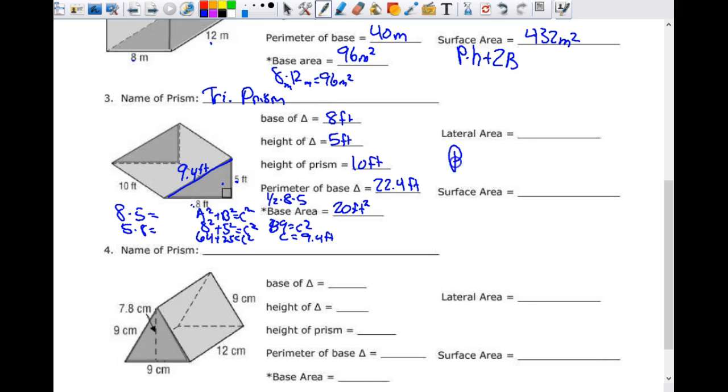Lateral surface area is perimeter times height, or 22.4 feet times height, which is, it's height of the prism, not height of the triangle. So 22.4 times 10 is 224 feet squared.